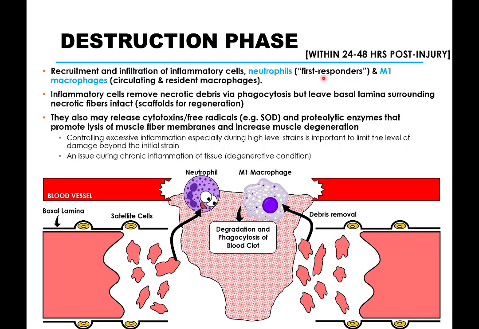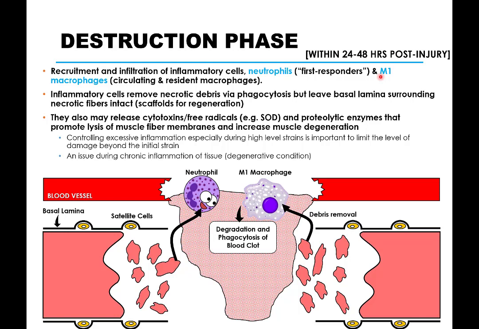Now, following closely to the neutrophils are prominent immune cells called macrophages, particularly M1 macrophages, which we will describe further shortly. The macrophages not only circulate in blood, but also reside at the muscle as well, so both are recruited to the ruptured area.